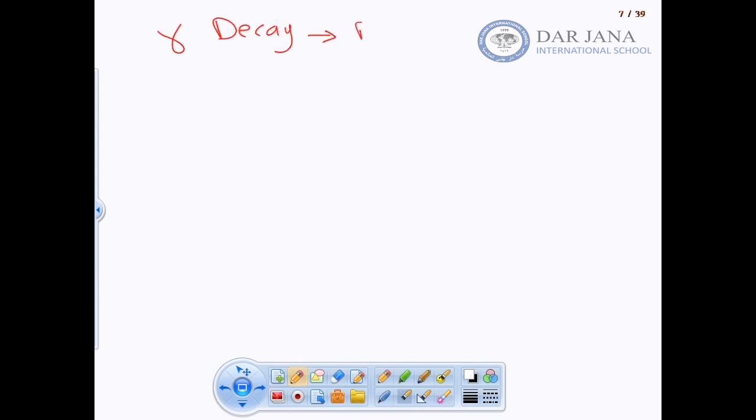It doesn't cause a change in atomic mass or atomic number.